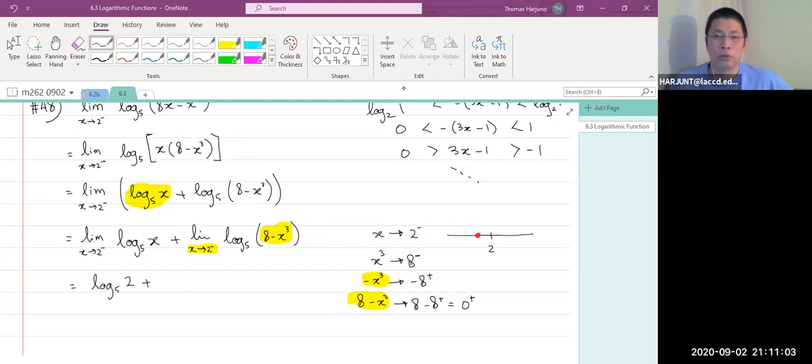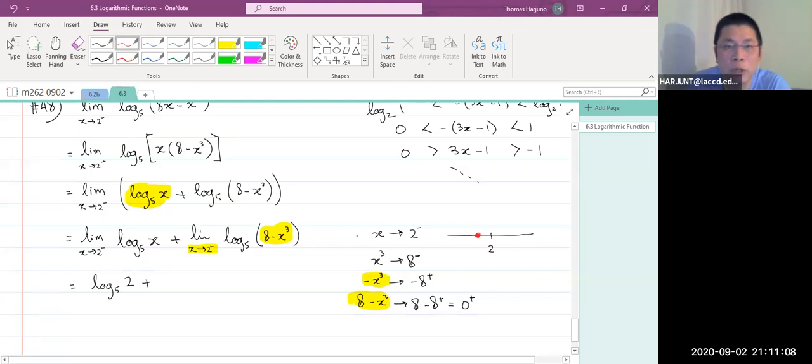You don't have to show all the work. I need you to show me this at least. The thing that you need to show is that this implies 8 minus x cubed approaching 0 from the right hand side. That's what I need you to show me.